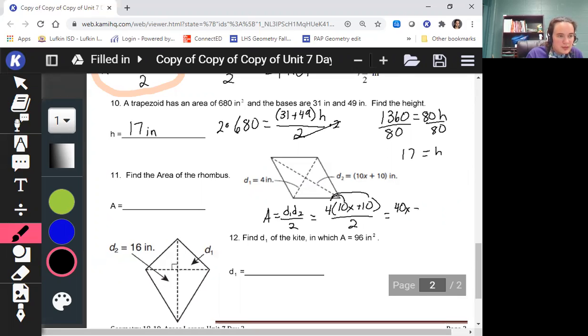So we have 40x plus 40 over 2. Then we need to divide by 2. And 20x plus 20 inches is our answer. Yes, there is a variable in our answer because we had a variable in one of our dimensions.